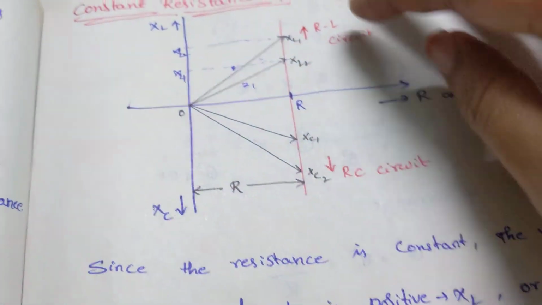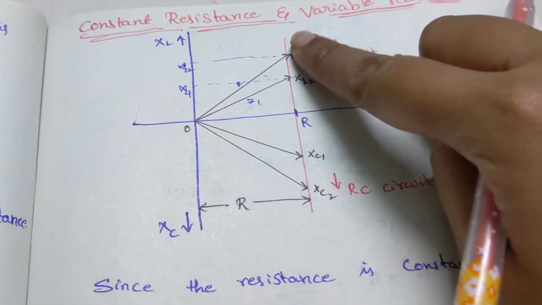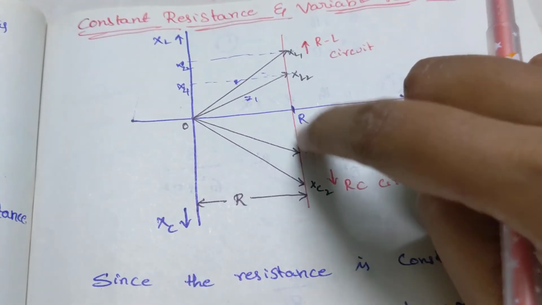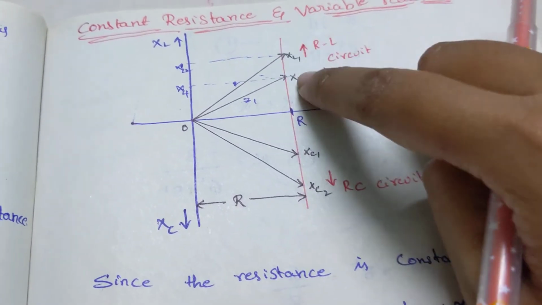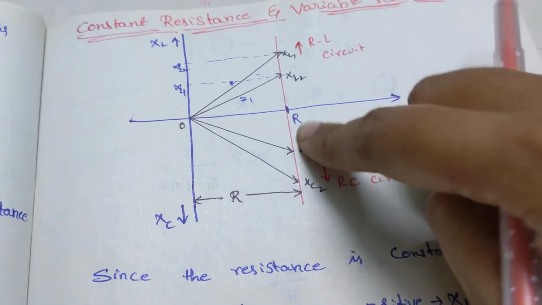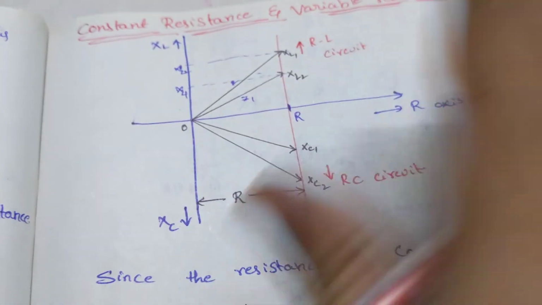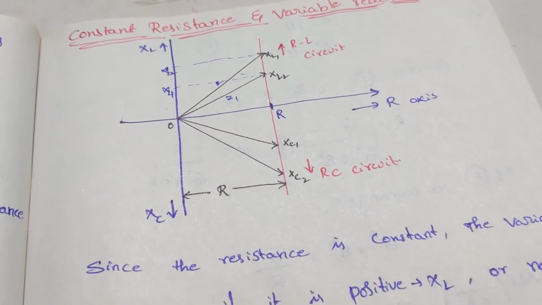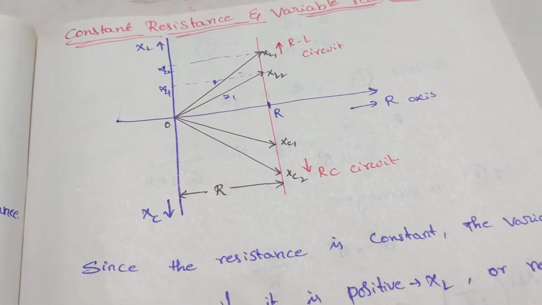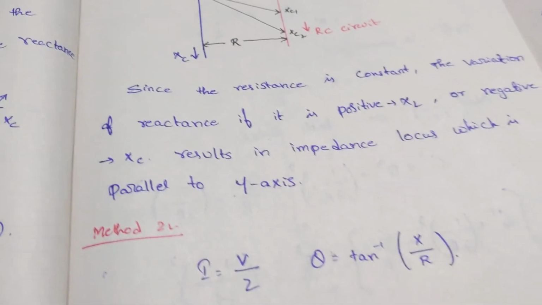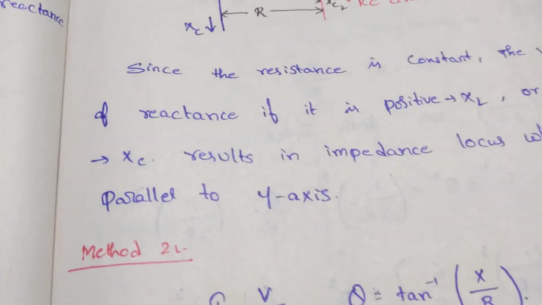When you observe these lines, if you add all the impedances, it is nothing but a straight line which is parallel to your reactance axis, that is, the y-axis.